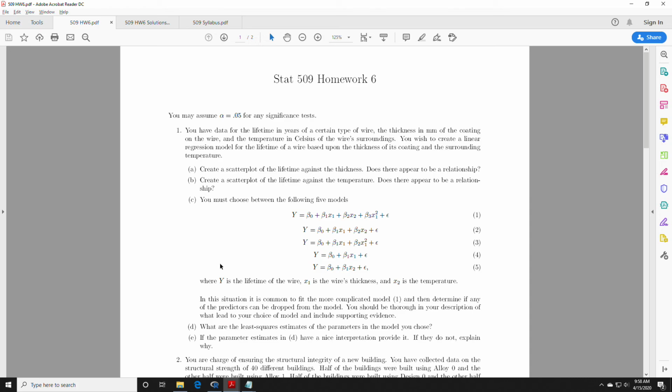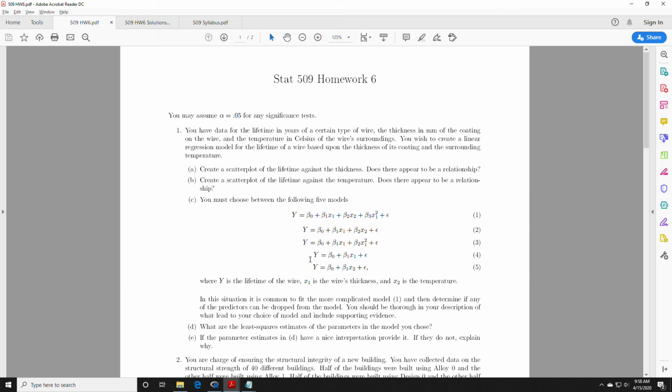So it is more common to potentially fit a larger model and see if we can kick out terms. That's a common approach. In this case, we're only given the choice between these 5, so it makes the most sense to fit this big model and see if we can kick out any of these terms in order to arrive at one of these smaller models.